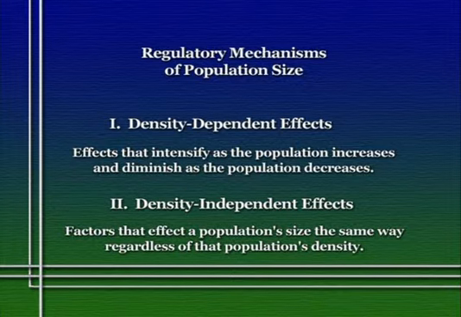Let's take a look at how these factors work in turn. First, let's take a look at how density-dependent effects regulate population size. Actually, the logistic growth model we've been talking about really is explicitly a model of density-dependent population regulation. As the population approaches its carrying capacity, the increasing number of individuals in the population divide the resources available ever more finely on a per individual basis.